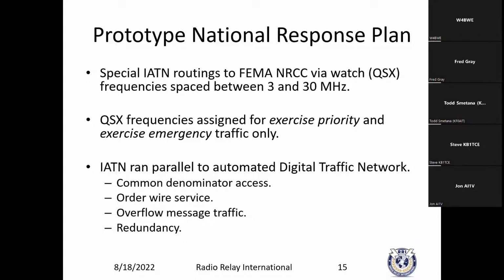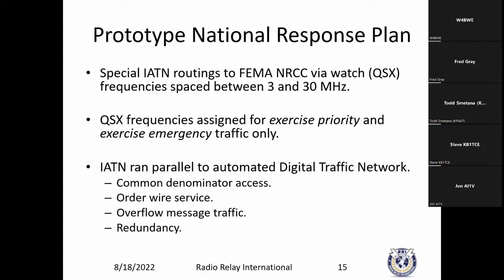IATN was running parallel to these voice and CW nets during the exercise to provide that common denominator access. You could use them for overflow traffic. They could be a primary resource depending on the needs of the local section or local MCOM group, and they provided that redundancy.